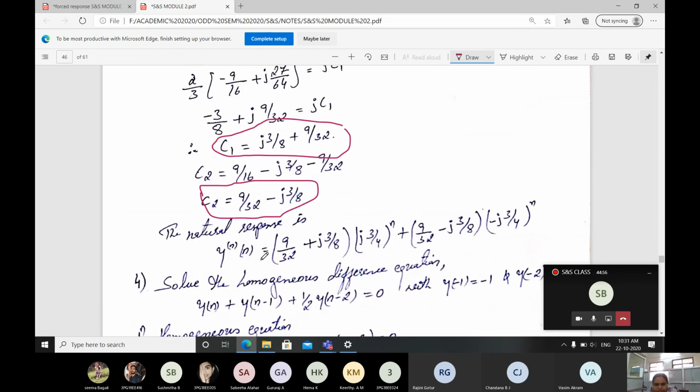Substitute your c1 and c2. Therefore, y of n is equal to 9 by 32 plus j 3 by 8 into j 3 by 4 power n plus 9 by 32 minus j 3 by 8 into minus j 3 by 4 power n.